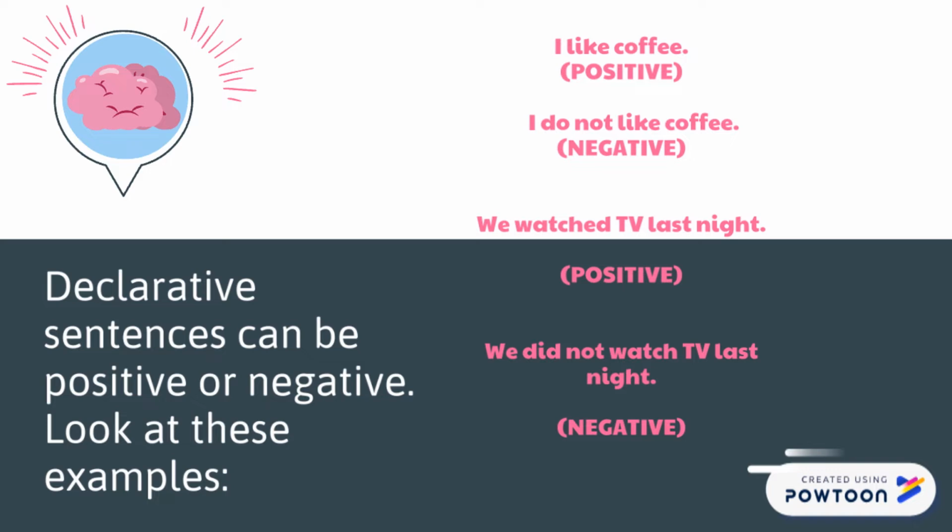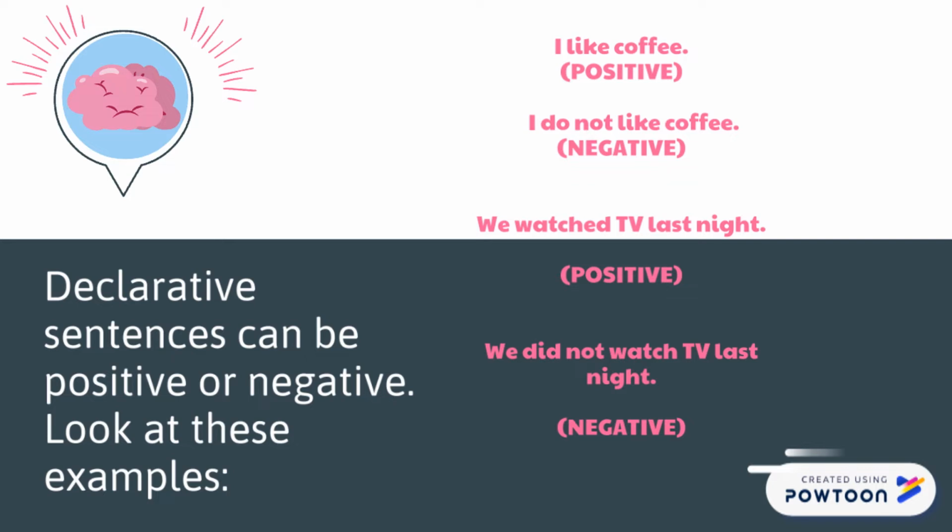Students, we have read in our previous classes what positive sentences and negative sentences are. Positive sentences are when we are giving a simple statement, and negative sentences are when the word not is present. As you can see in the given example, the positive sentence is I like coffee and the negative sentence is I do not like coffee.